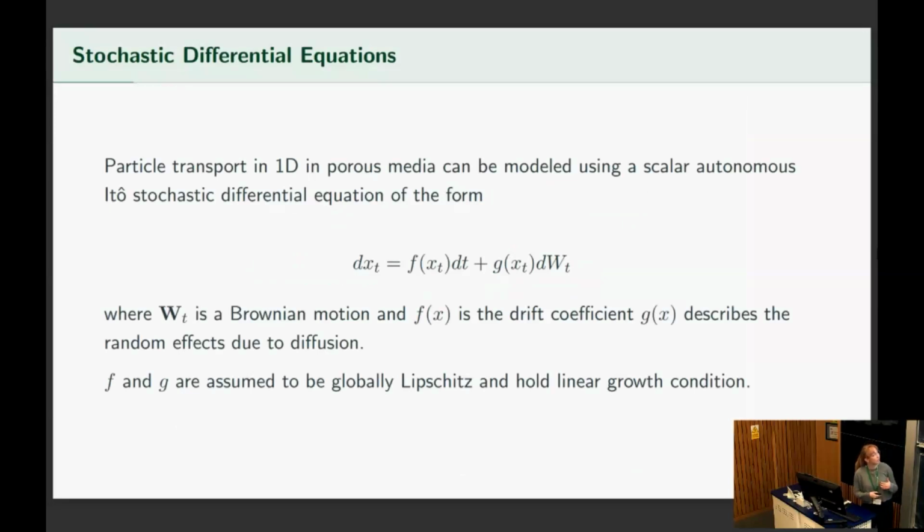Mathematically, we look at an Ito stochastic differential equation where the drift and diffusion coefficients are assumed to be globally Lipschitz and hold the linear growth condition. I mentioned specifically particle transport in porous media. That is one of the applied examples that we focus on in this work, but this project focuses on revisiting the standards by which we test classical numerical schemes for solving stochastic differential equations.